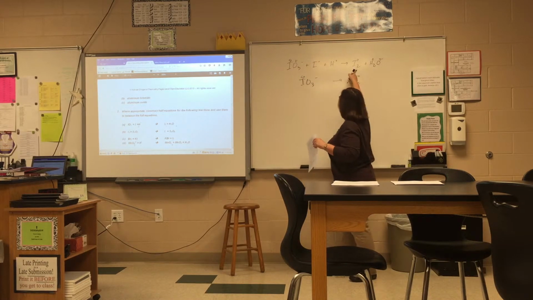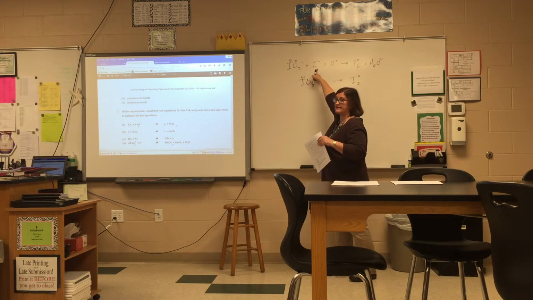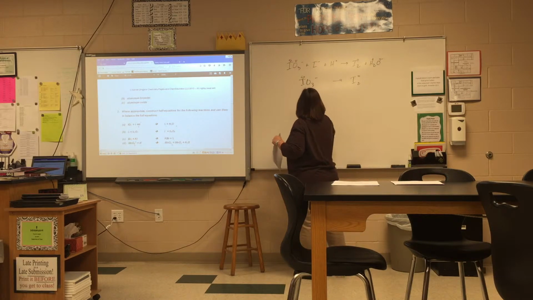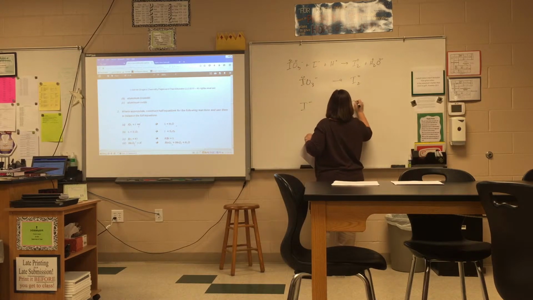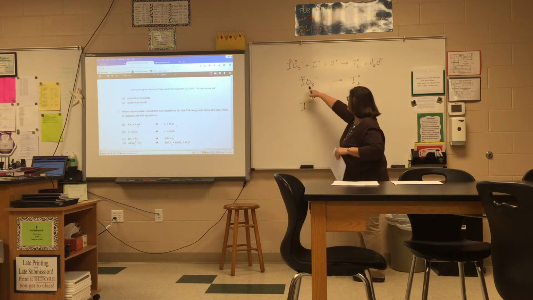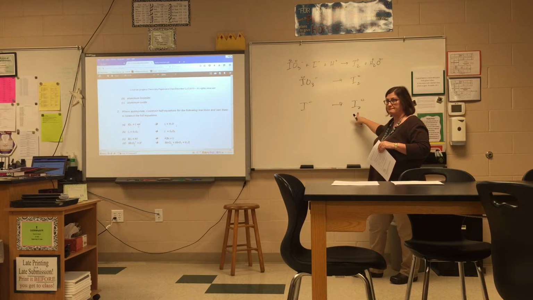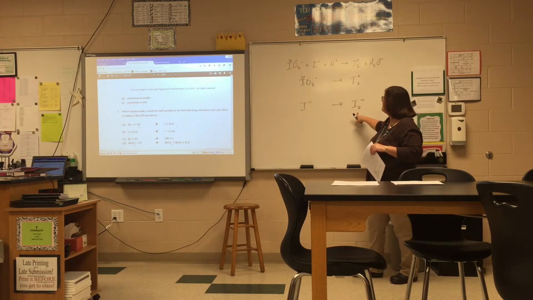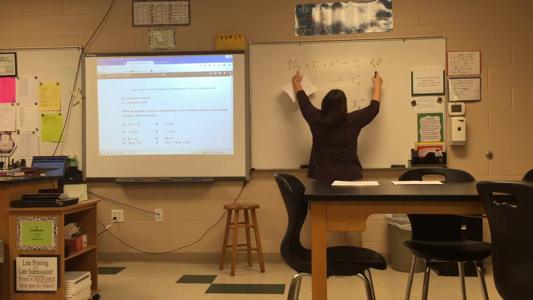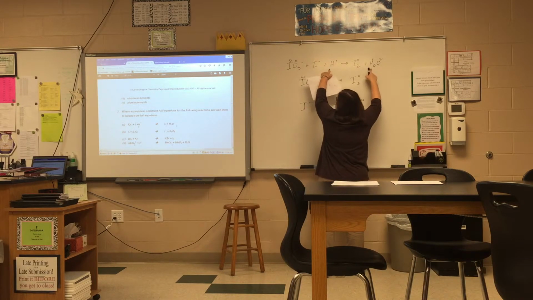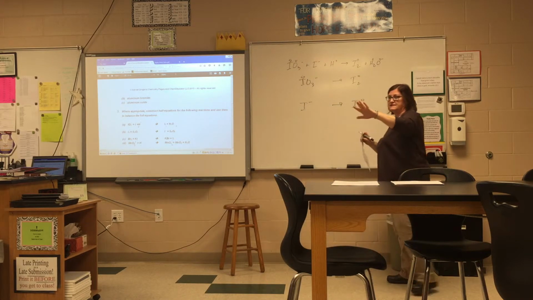So 5 plus went to 0. But look, here's another iodine. This is an I minus, went to I0. So look, this one got more negative, this one got more positive. And for the IO3, how do you know it was the iodine that is a 5 plus? Because the oxygens stayed at -2, the hydrogen stayed at +1. They didn't change.